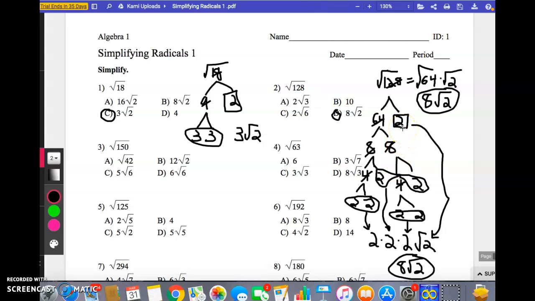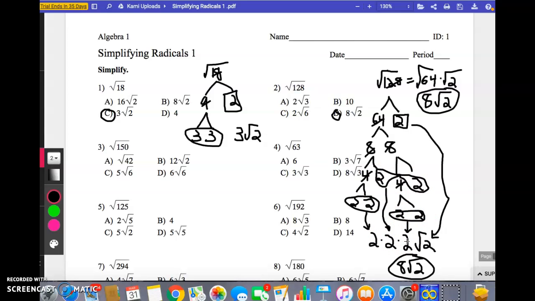It really doesn't matter how you do the pairs. Just circle your pairs. We want to find out how many pairs there are and if there are any leftovers. So notice in this problem we have one pair of 2's, which I bring down, another pair of 2's, which I bring down, and a third pair of 2's.